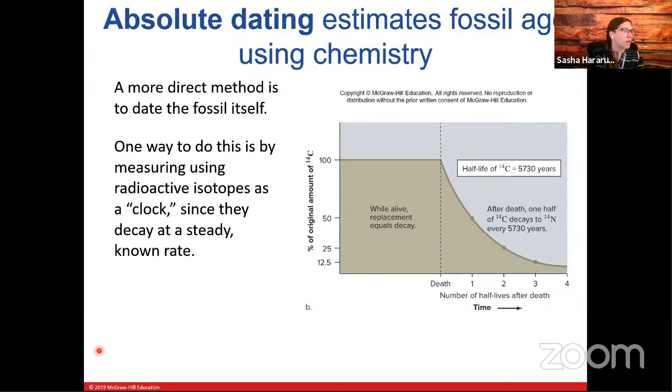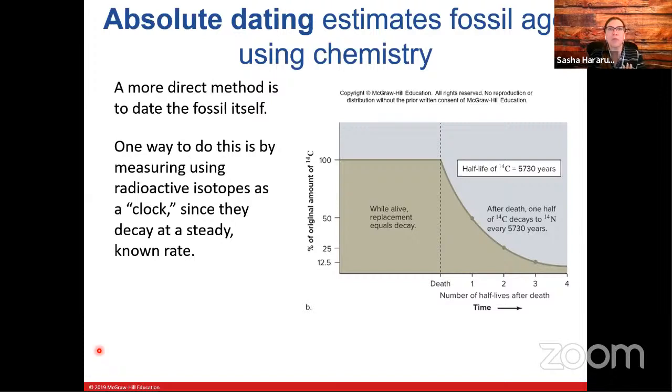Okay, I see a question in chat. Can you also calculate how long they lived before death? No, technically you cannot, because while an organism is alive, its carbon-14 content does not change. The reason it does not change is because the organism constantly ingests food, and this food contains carbon-14.